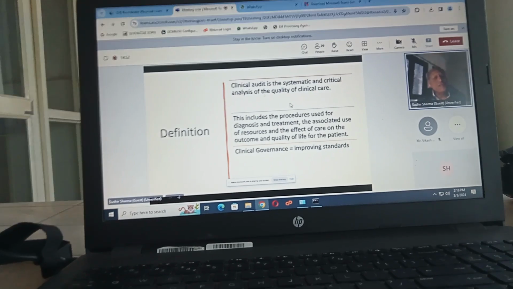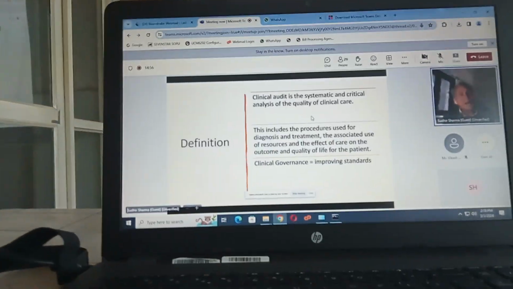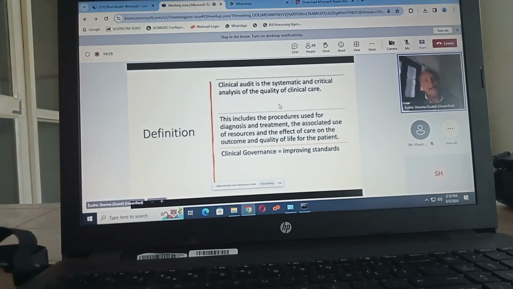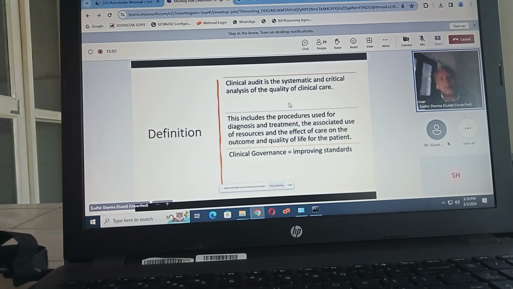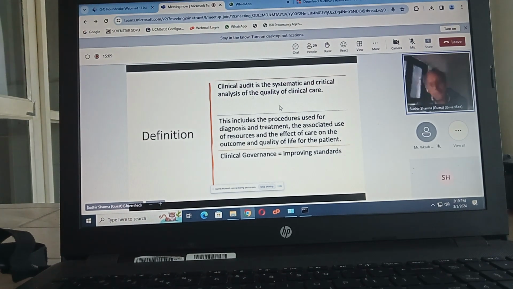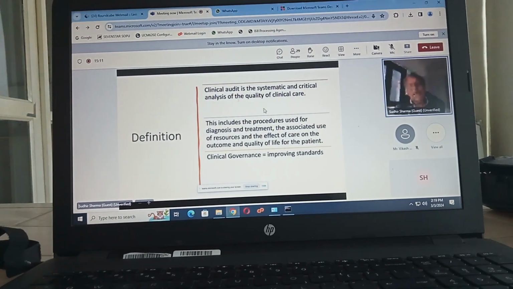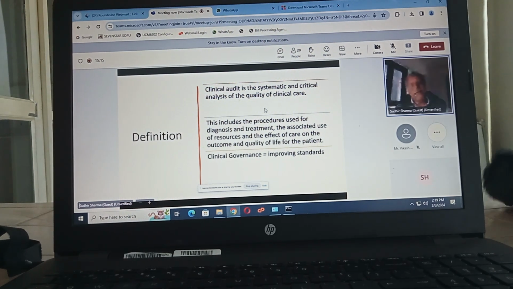Considering the definition, I am making it simpler and simpler for you to understand. So what is it? It is a clinical audit, and what does it do? It critically analyzes the quality of care we are currently giving our patients. Clinical governance, which every CEO is now fond of talking about, every quality manager is.